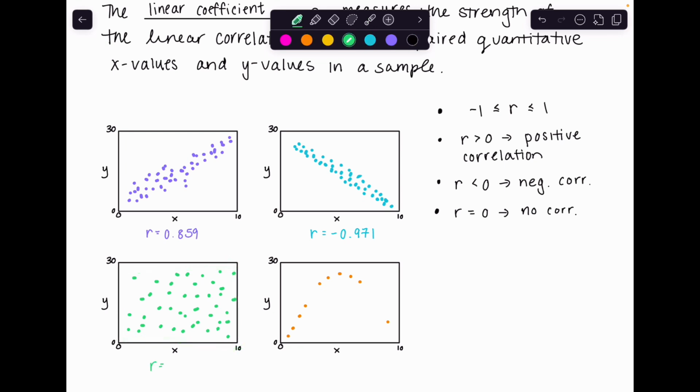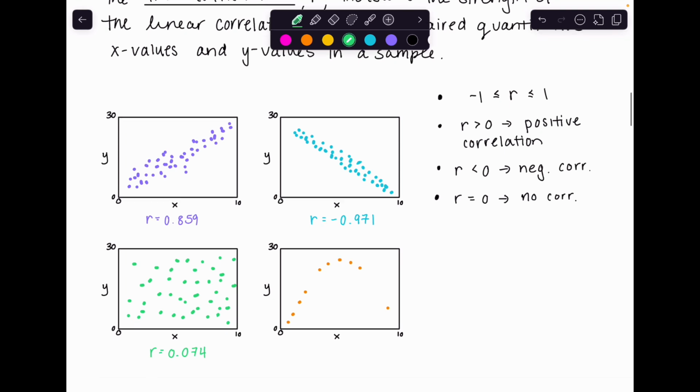It doesn't mean your value of R is exactly equal to 0, but it is going to be something small. So maybe in this case, you get 0.074. And then for this fourth example, again, it's not linear, but it doesn't mean you're going to have a value of R that's 0. And here you could actually get something like 0.330.